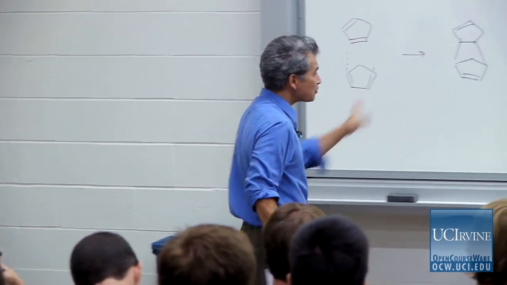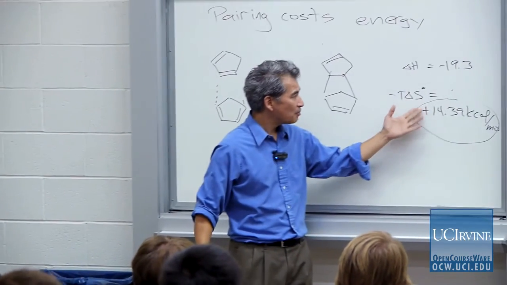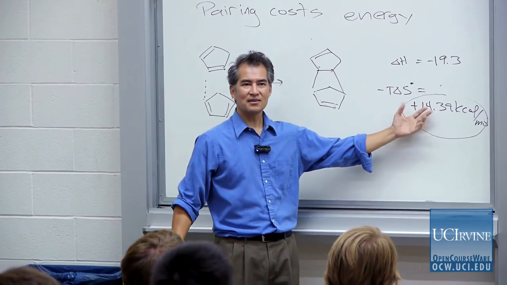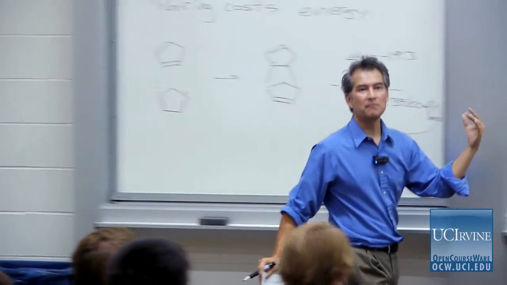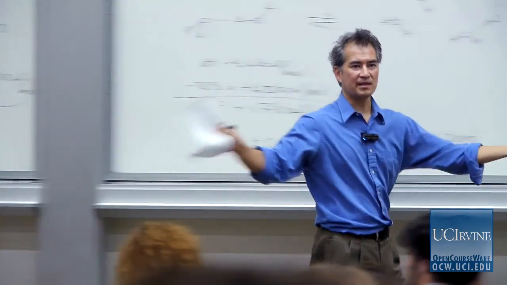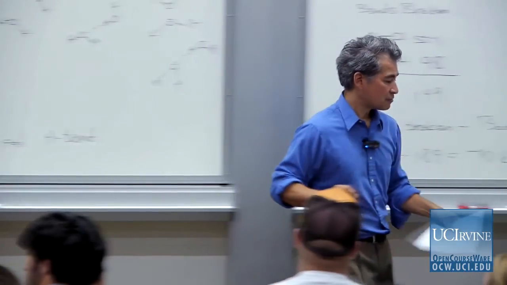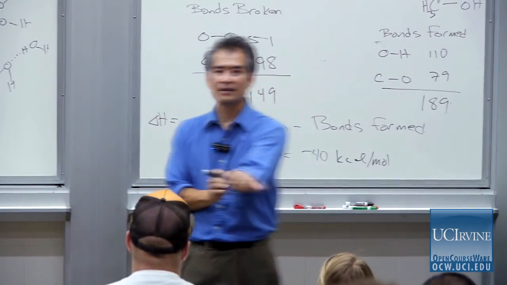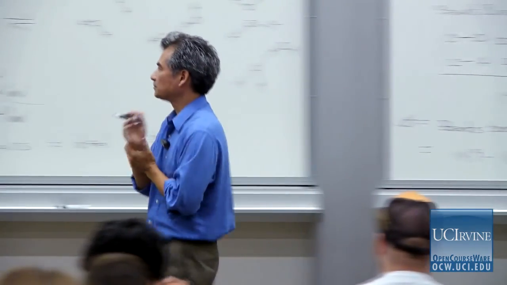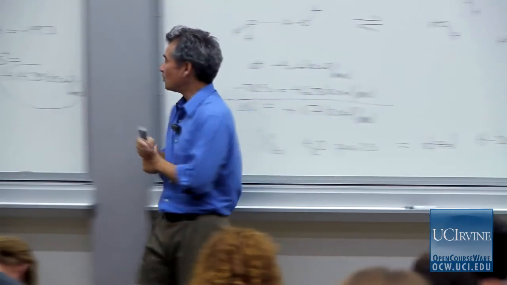So entropy can cost you as little as 0, but as much as this. So there's this huge uncertainty somewhere between 0 and 14 kcals per mole if we ignore entropy when we think about two things coming together. The entropic cost for intramolecular reactions where two things don't have to collide, that's a lot cheaper.